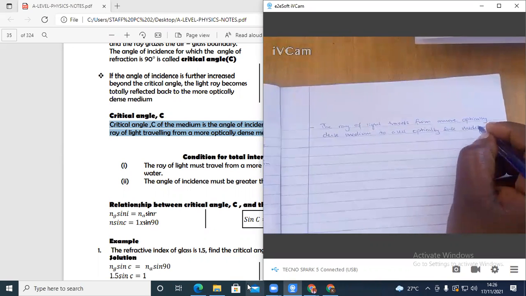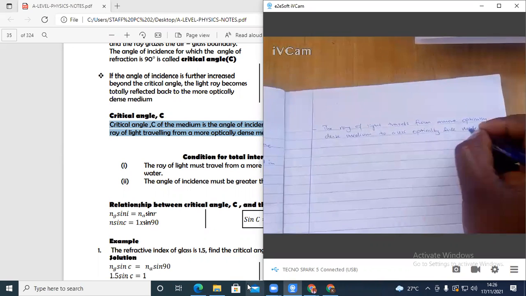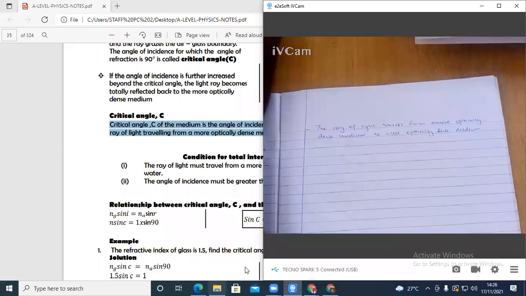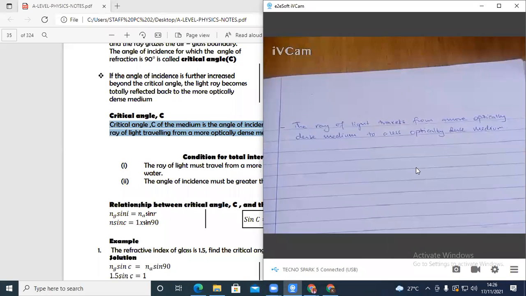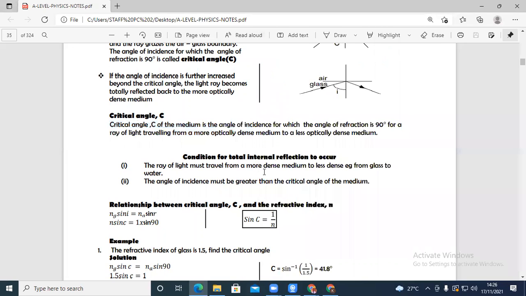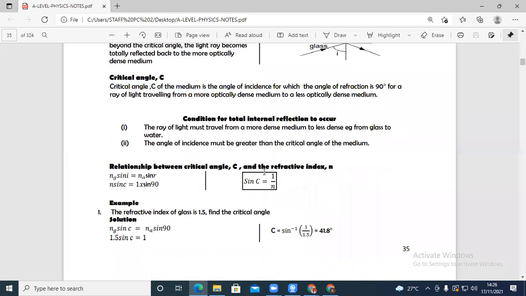You can understand what I've written there very well because I'm writing very fast in the interest of time. Okay. So those are the conditions for total internal reflection to take place, and you should put them on your fingertips because they are very important.